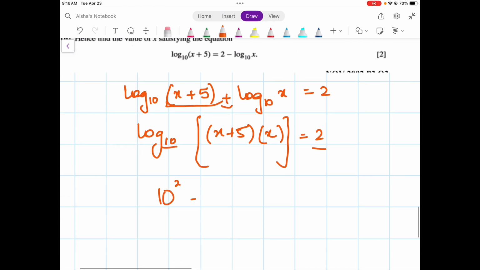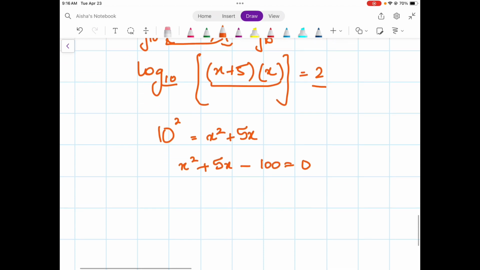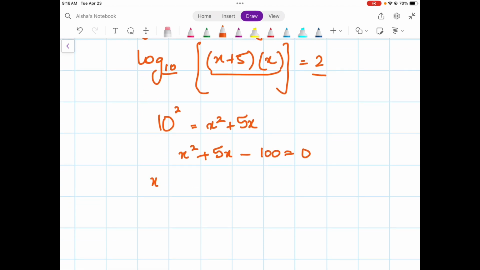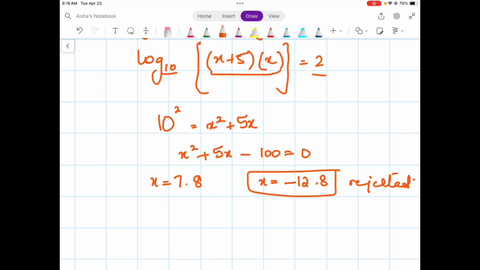Base to the power. Now I'll solve to find out the values of x. This value will be rejected because x cannot be negative and this will be accepted.